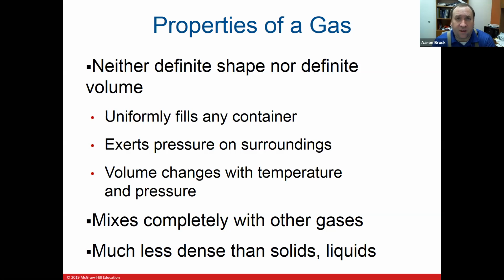So this shouldn't be too much of a new thing for us, but just as a review, the properties of a gas include that it has neither a definite shape nor a definite volume. The gases are so far apart from each other from a molecular standpoint that they will just uniformly fill whatever object that they are placed into.